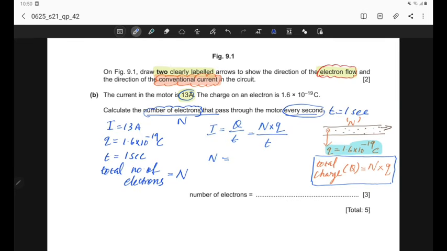So N is equal to I times T over q. So I is 13 ampere, times time 1 second, over the charge 1.6 times 10 to the power minus 19. And the answer is 8.1 times 10 to the power 19. Since it is simply the number of electrons, there is no unit.